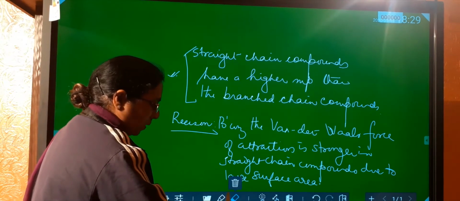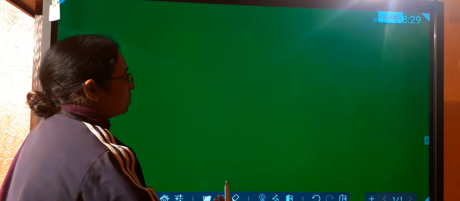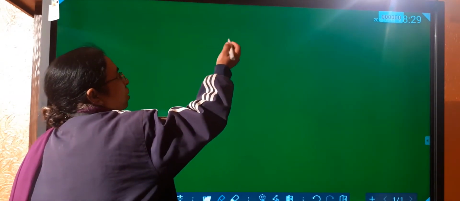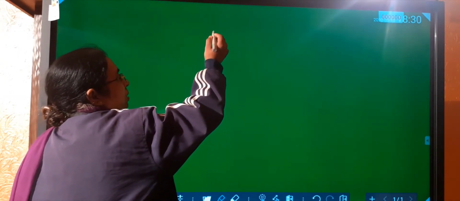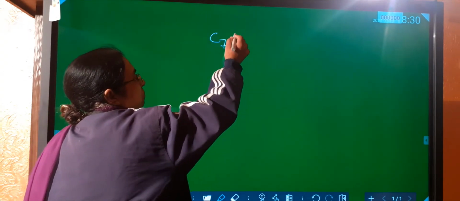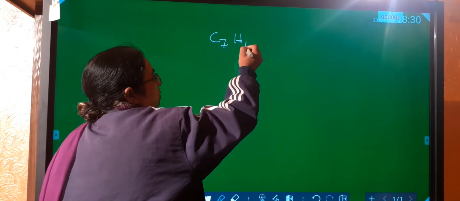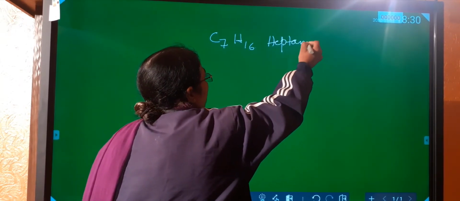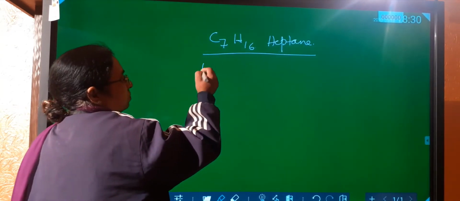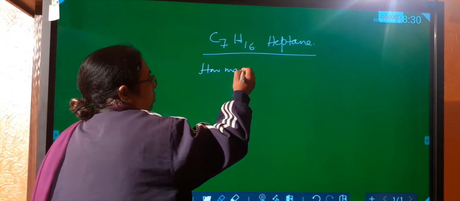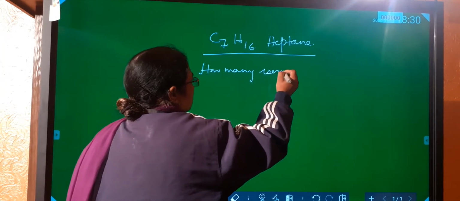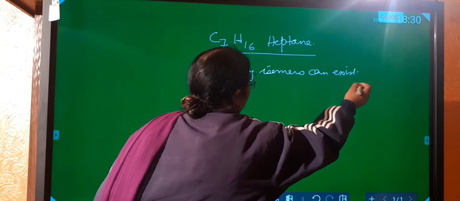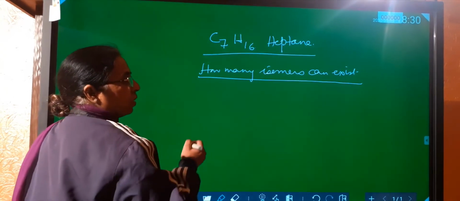Now say supposing one last I'll do for this and then we will close with isomerism. Say supposing you are given any molecule, if you are given heptane, alright, heptane, that means C7H16, and you are asked to draw how many isomers can exist, alright, how many isomers can exist for heptane.